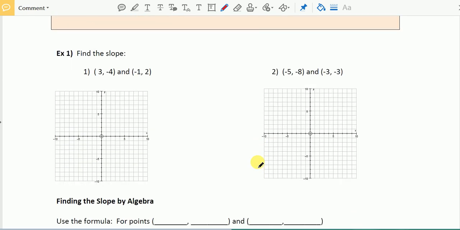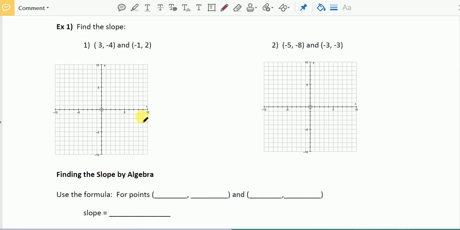Okay, let's try to find the slope here. Now 3, minus 4, so 3 is here, minus 4 is all the way here, right? And the other point is minus 1 and then 2. Okay, so in order to go from this point we go from the left to the right.